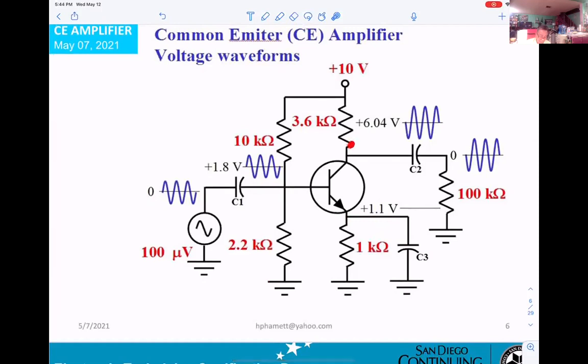And also at the collector here, you get a DC bias of 6.04 volt, and also the sine wave. But this sine wave compared to the input will be 180 degrees out of phase. And when it goes to the load, you don't have the 6.04 volt DC anymore. This capacitor will block it.